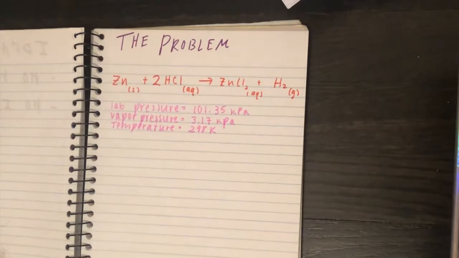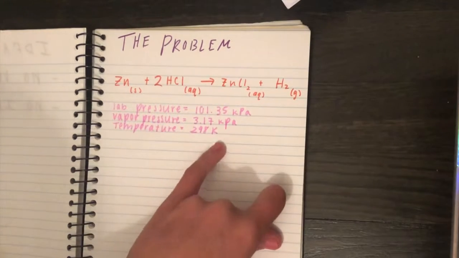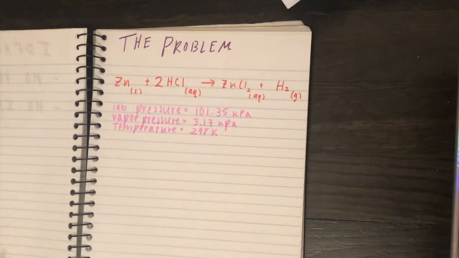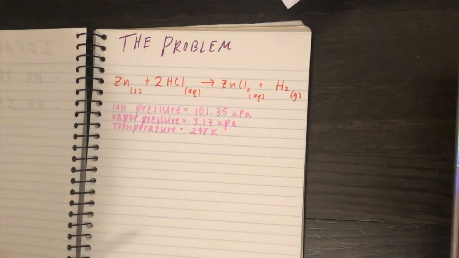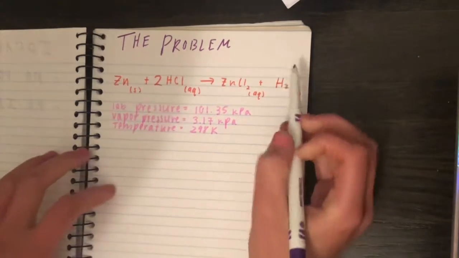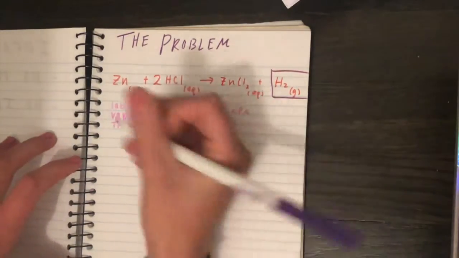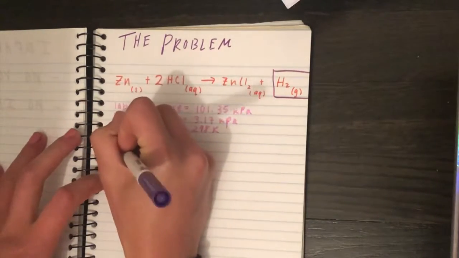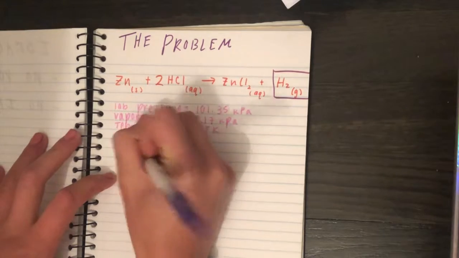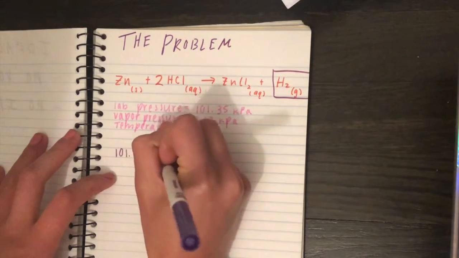So that means we know the total pressure inside that tube is 101.35 kilopascals. And since the entire system is at standard temperature and pressure, that's 298 Kelvin and 101.35 kilopascals, we can then assume that the vapor pressure of water is going to be 3.17. So, using that information, we can actually solve for the partial pressure of H2 gas right here. We know that the entire system has a total pressure of 101.35 kilopascals.